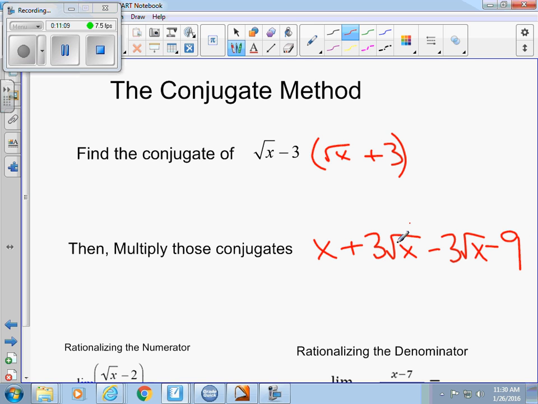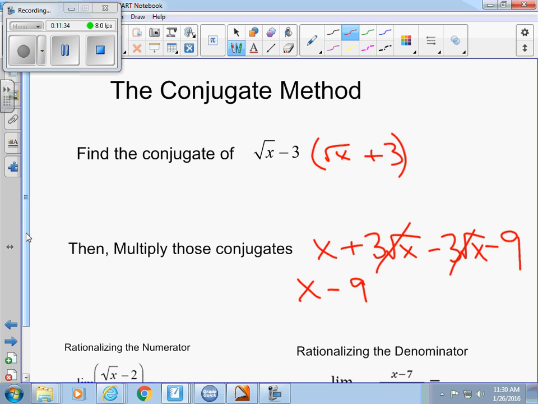Everyone agree? In your future, it will be a big waste of time to do the inner and outer on that multiplication, because if they're conjugates, those are going to cancel. That is how you rationalize denominators, or get rid of a radical in general.